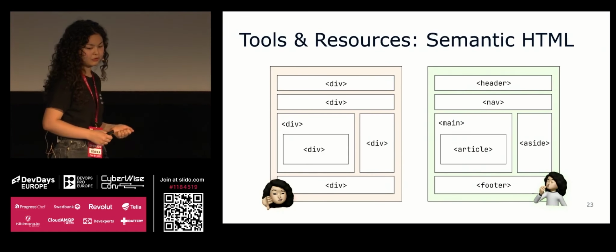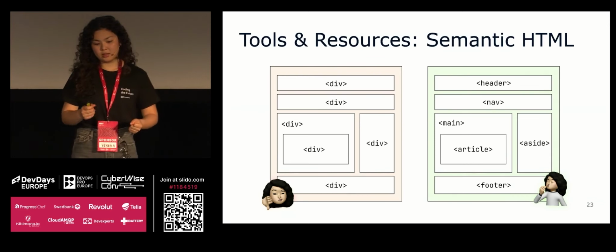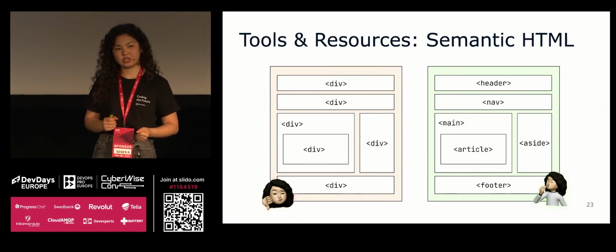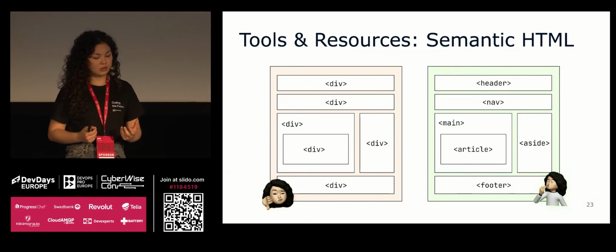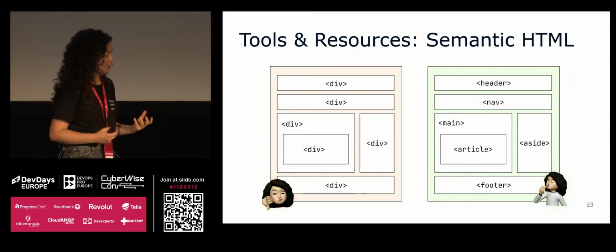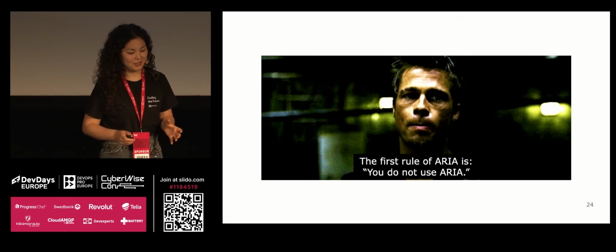And HTML is the foundation of the web. While semantic HTML tags come with built-in accessibility information that makes them easy to be interpreted by screen readers, non-semantic HTML elements don't come with such information and should be used only for stylistic purposes. A fun fact: the first rule of ARIA specifications is actually to not use ARIA.